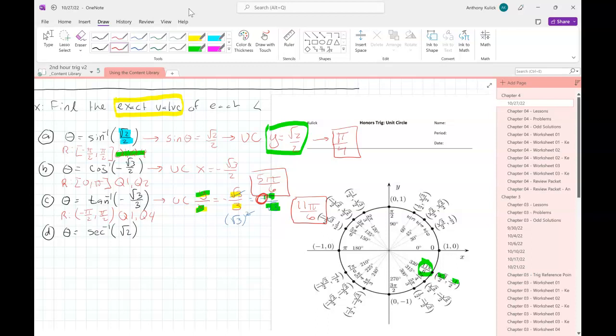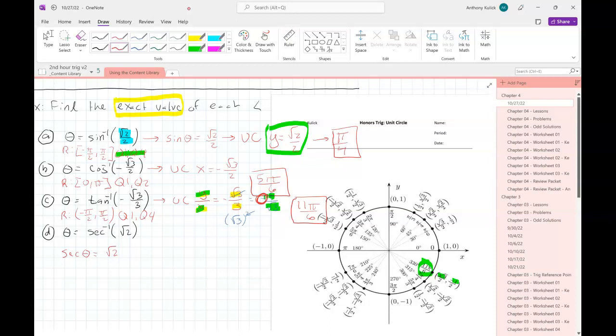What do you notice that's weird about letter D? Secant. Yeah, it's the inverse of a reciprocal. So I know that theta equals secant inverse of the square root of 2 is the same as secant theta equals square root of 2. That's just our inverse definition.